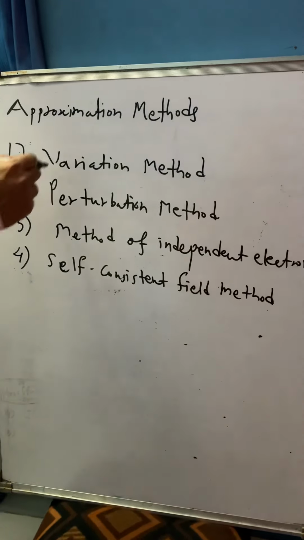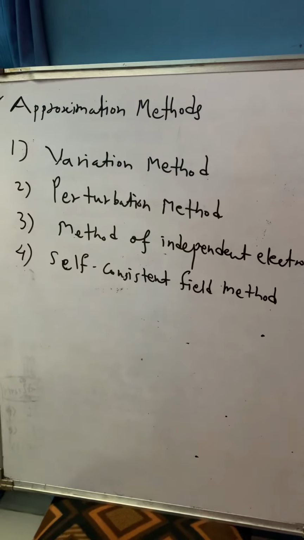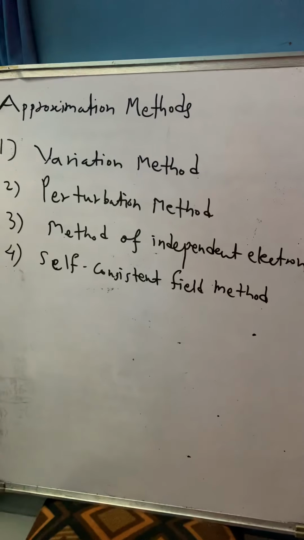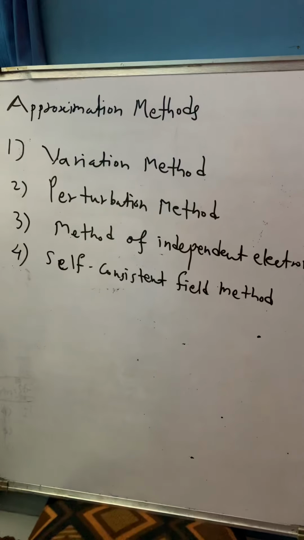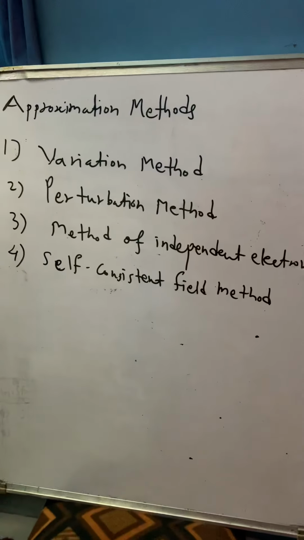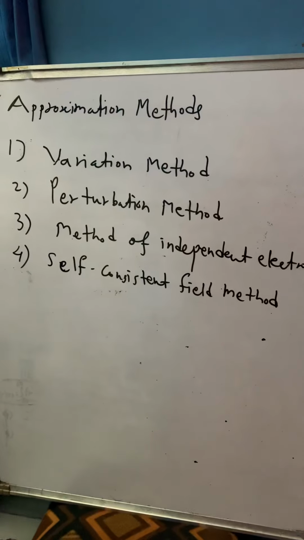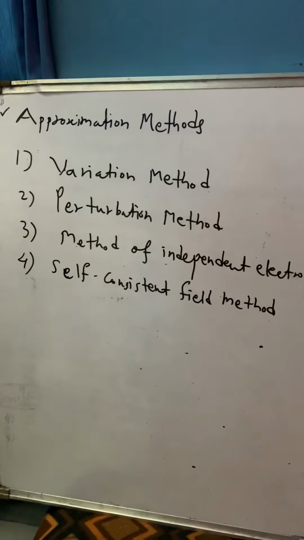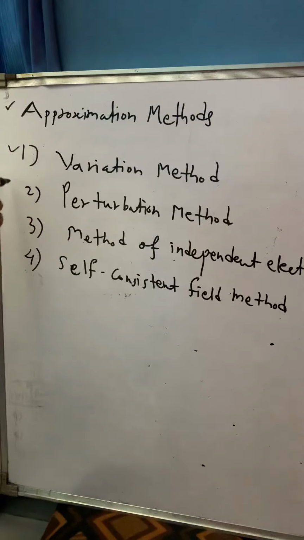But here these first two methods, the variation method and perturbation method, are the most commonly used approximation methods. Because in case of many electron atoms we can't solve this Schrödinger equation, and therefore with the help of these methods we can find out approximate energy as well as wave function for many electron systems.